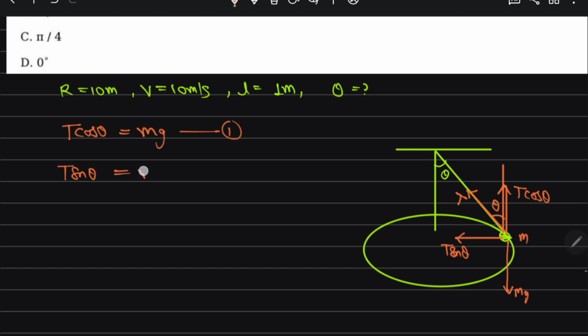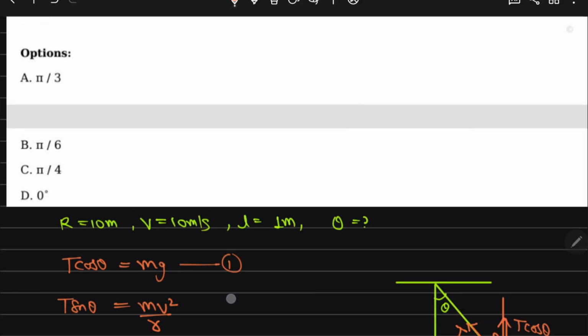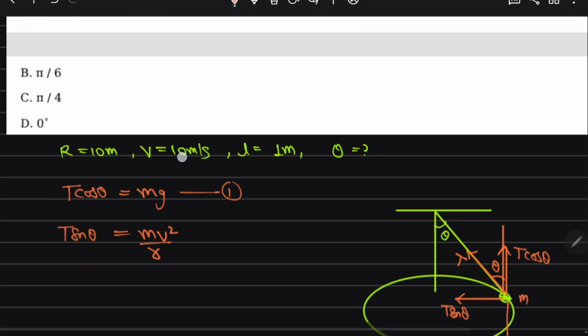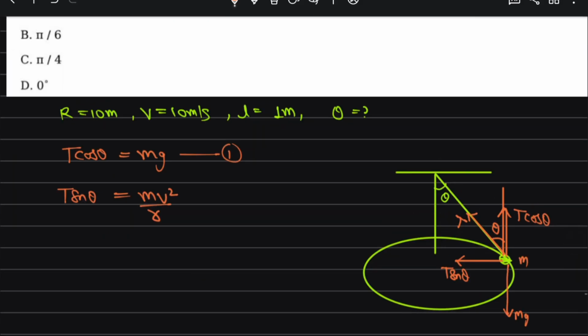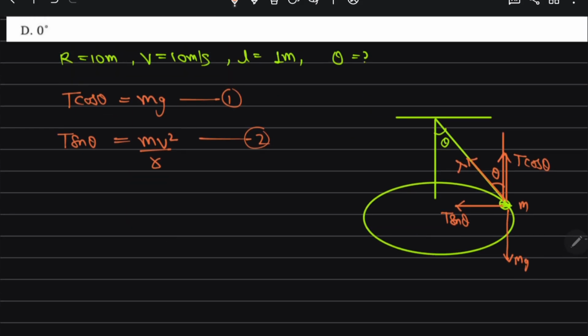T sin theta is providing centripetal force mv square by r. So this is our equation second. What I do, I divide equation second by equation first. So this comes out to be tan theta is equal to v square by rg.